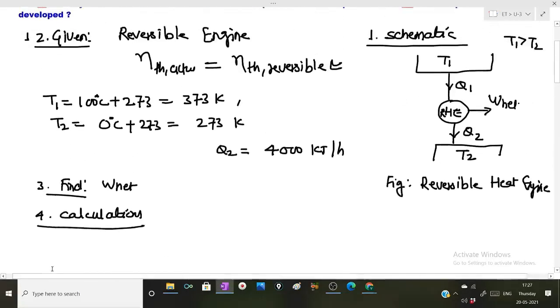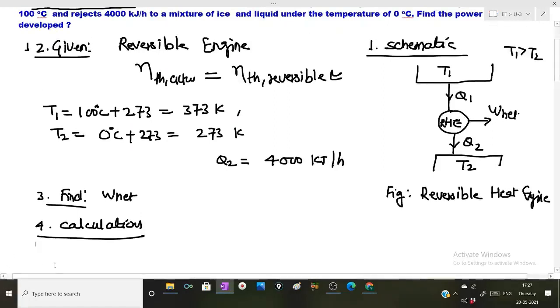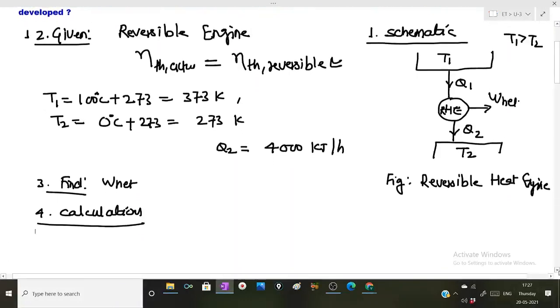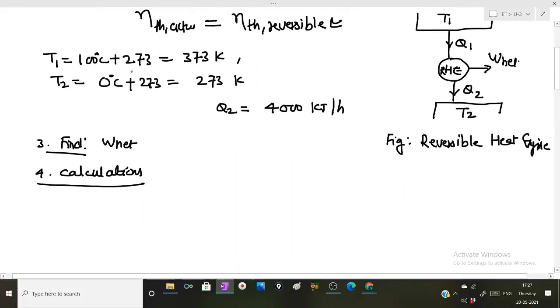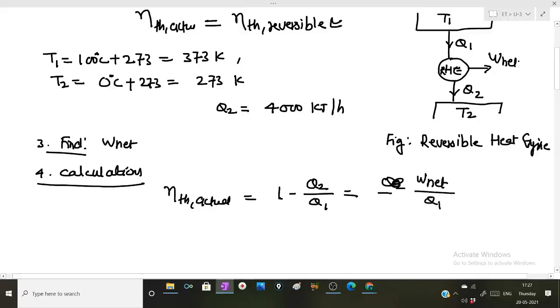So let us recall this very vital information. Eta thermal actual is equal to eta thermal reversible. Why? Because the given heat engine is a reversible engine. So what is the actual thermal efficiency of a heat engine? In terms of heat, it is 1 minus Q2 over Q1, or sometimes it is also written as W net over Q1.